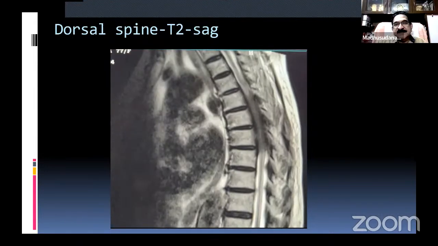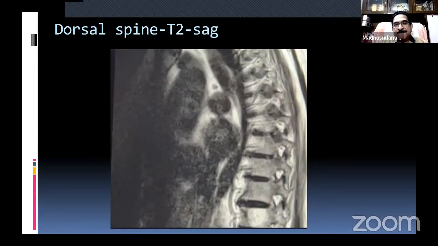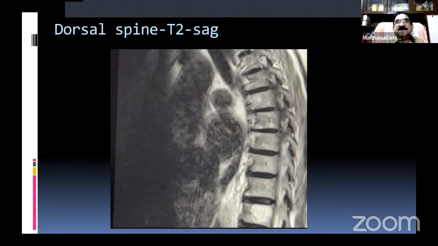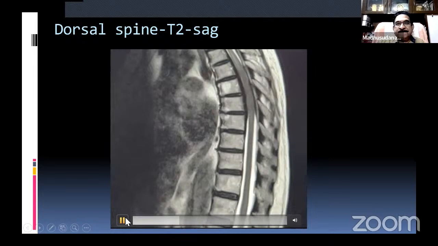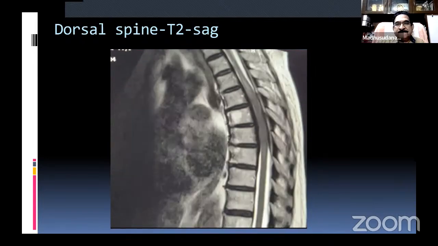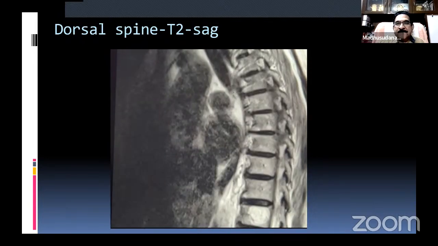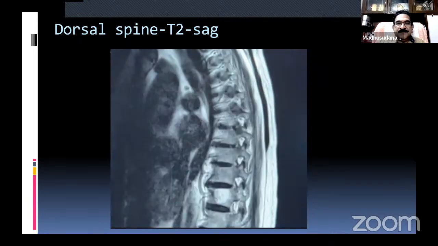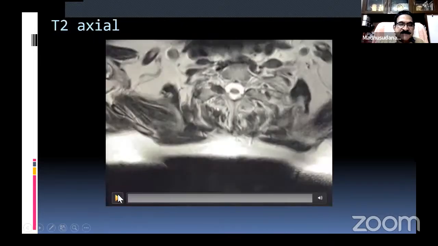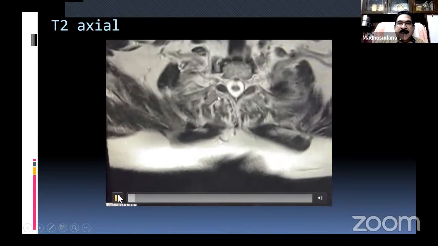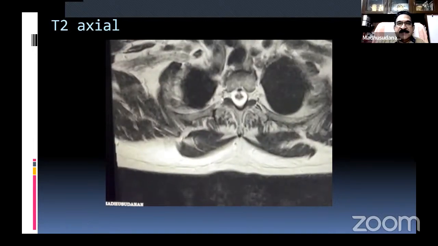There is a lesion there in the dorsal cord, again something similar to the cervical one. I'll show the cervical cord lesion. Okay, I'll show the similar picture. This is the T2 axial. Look very carefully.